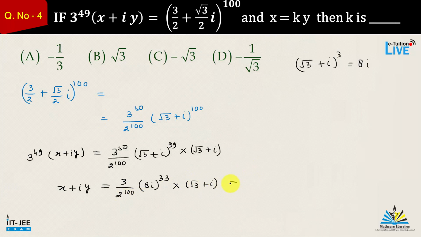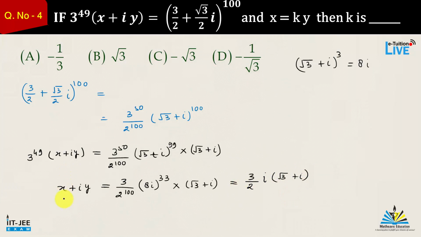So you will get 3 upon 8, which is also 2 to the power 3, and that multiplied by 33 becomes 99. So this becomes 3 by 2, and iota to the power 33 is equal to iota, since if you divide 33 by 4, you will get remainder 1. So this is iota times (root 3 plus iota).